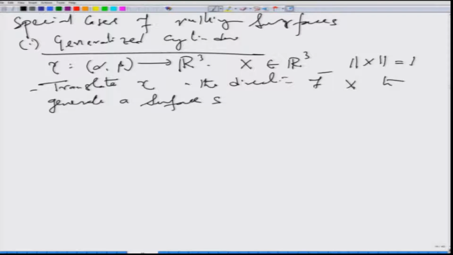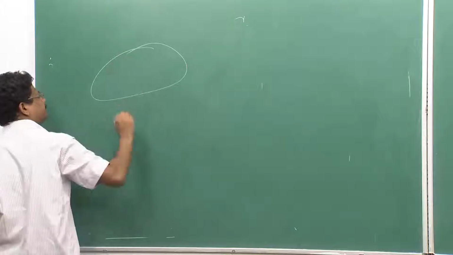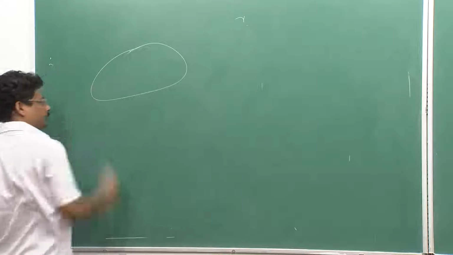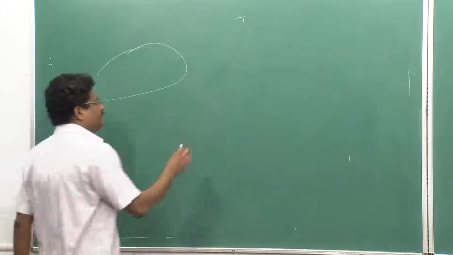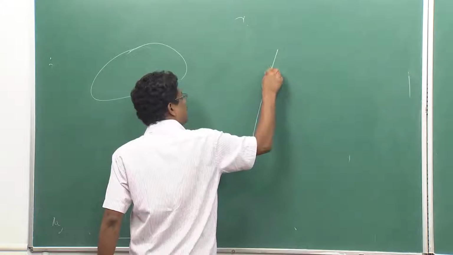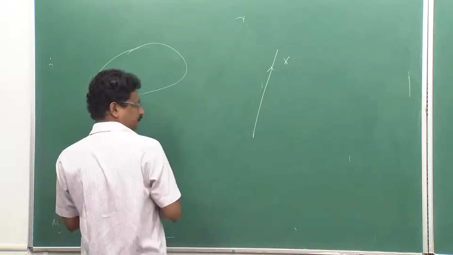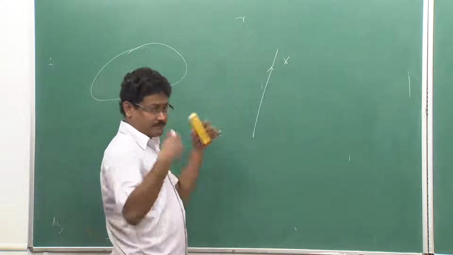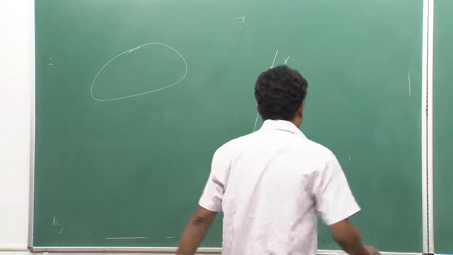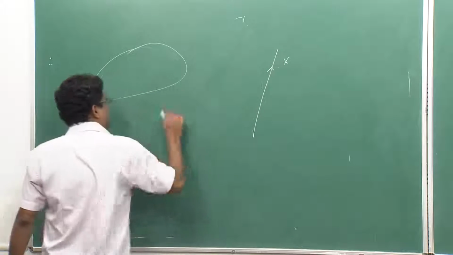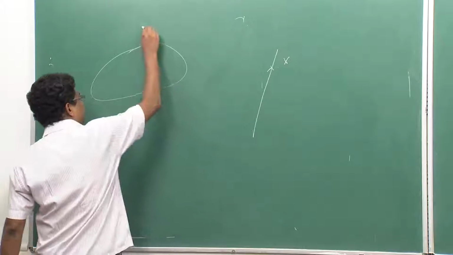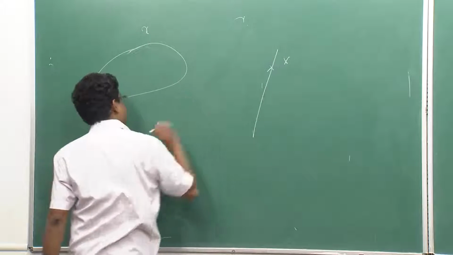What I am doing here is, let us take a simpler looking curve, take this curve and let us take x to be this unit vector, which gives the direction. So, I take this direction. So, I translate this curve gamma along x. So, what will happen?